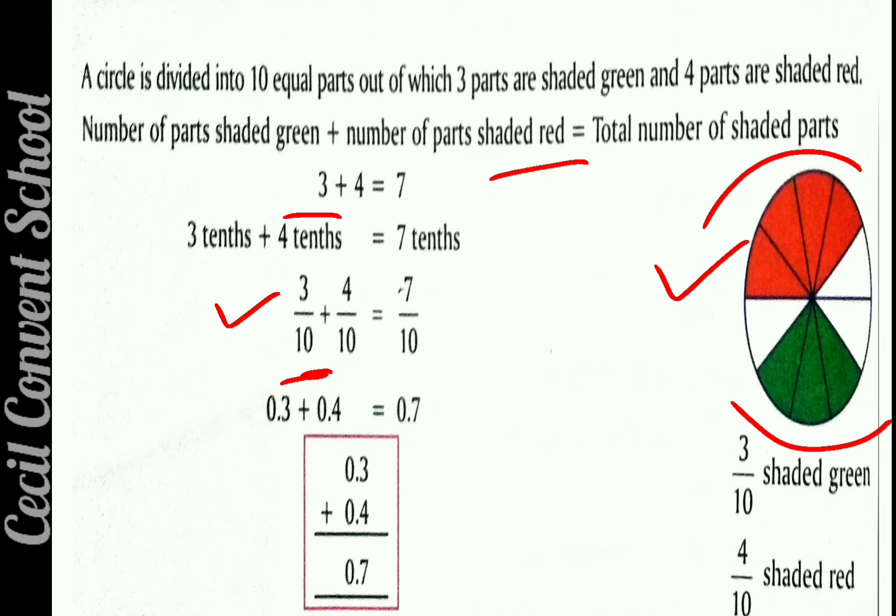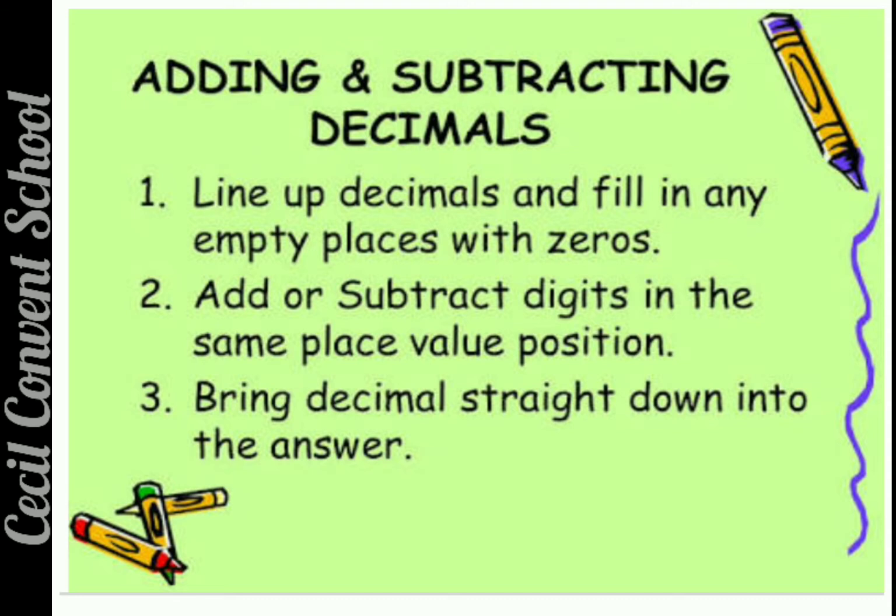If we want to put a decimal, we have to count from the back side. So it will be 0.3 plus 4/10, which can be written as 0.4. And if I add them, the answer will be 0.7. Clear?